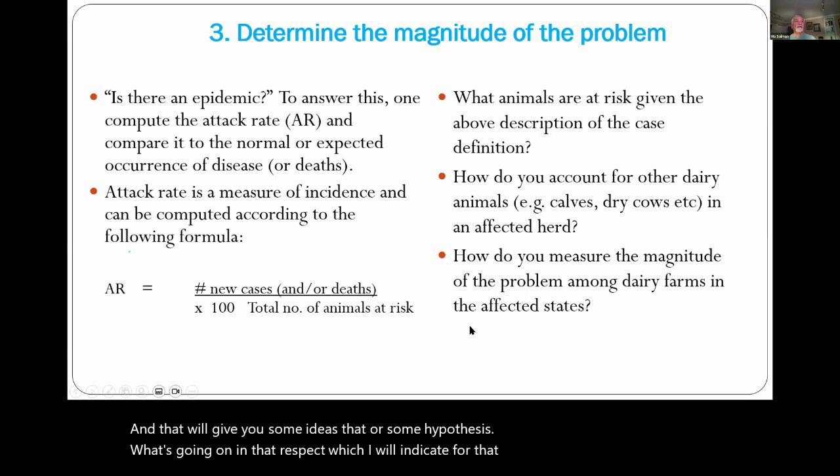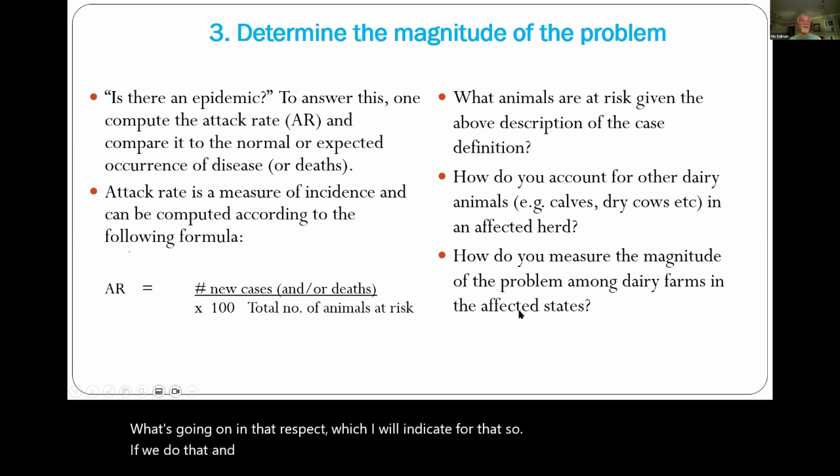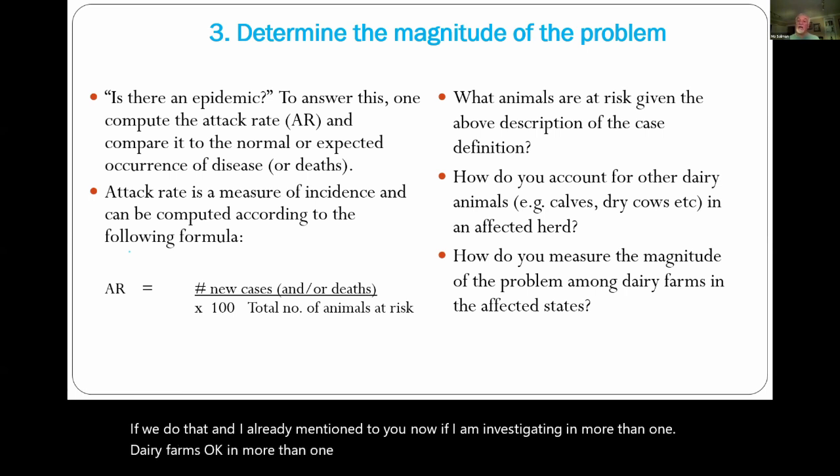So if we do that, and I already mentioned to you, now, if I am investigating more than one dairy farm, okay, how do you think I should compare between dairy farms?